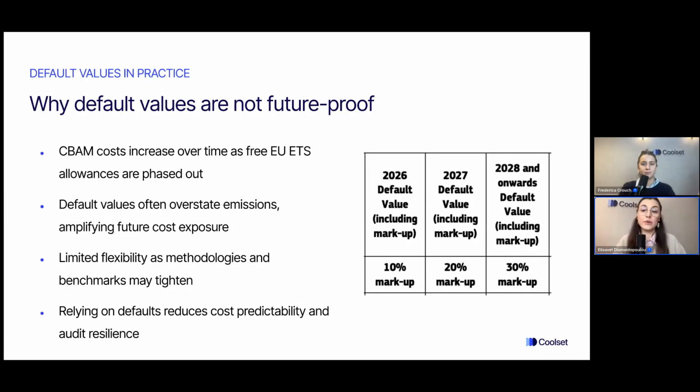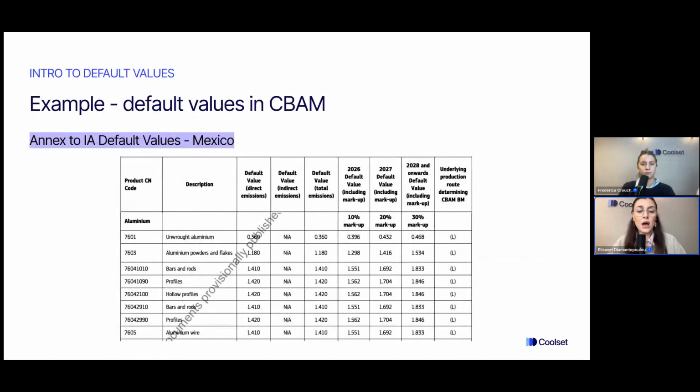So the more you keep using your default values, the more you're going to have increased costs because of the default values. Here it's just an example to see how the default values annex looks like, and we have per country one table where we have all the CN codes, if available, of course, with the default values broken down into direct and indirect emissions and the markups included.